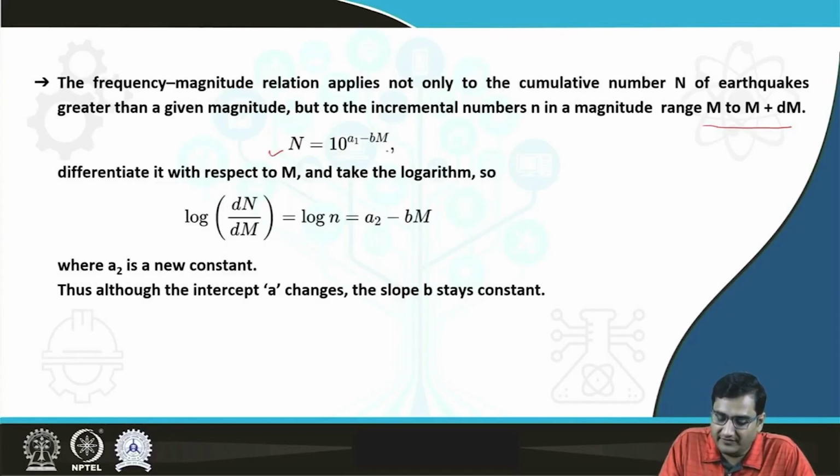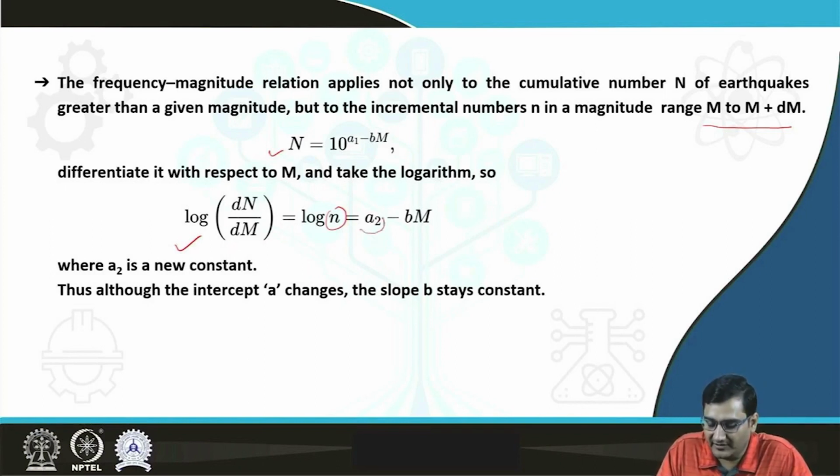And then if you differentiate with respect to the magnitude and then take the logarithm, it may become something like this: log of dn by dm, that is the number of earthquakes in a particular magnitude increment, is equal to a1 minus bm.